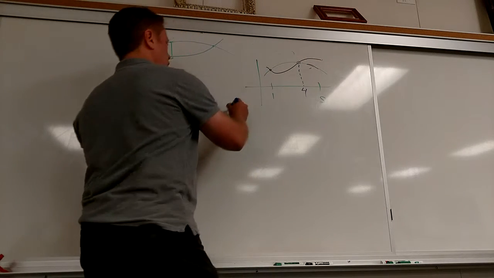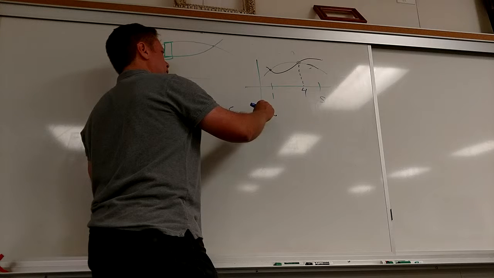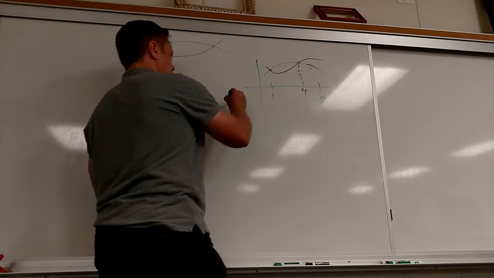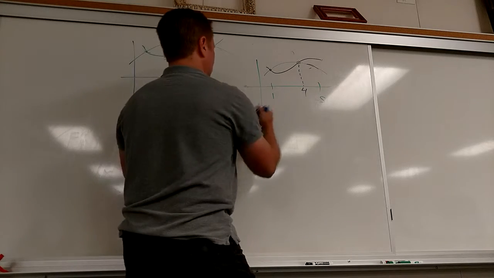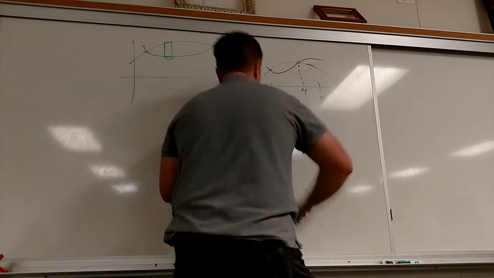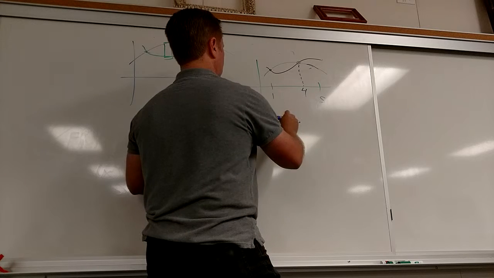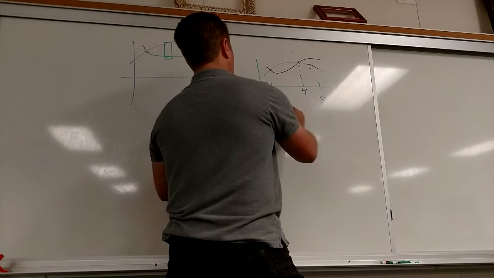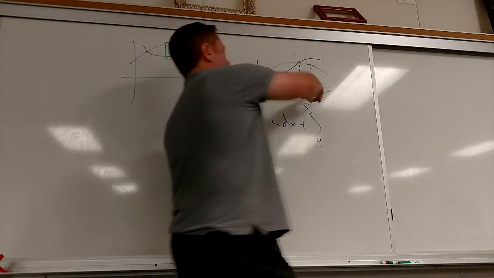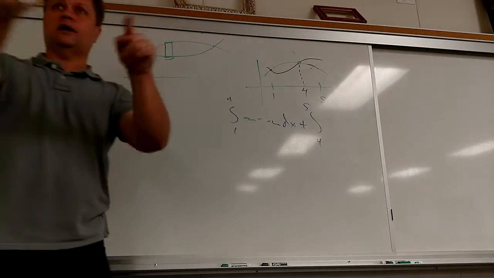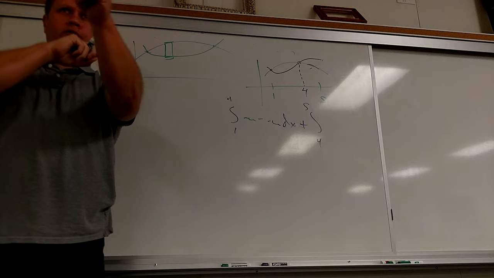So the first integral is going to go from 1 to 4 with green function minus black function, and so on, right? Yeah, this is good, Jeff. And then from 4 to 5, plus 4 to 5 with that turned around. Does that make sense? Is that sort of related to what you're asking?